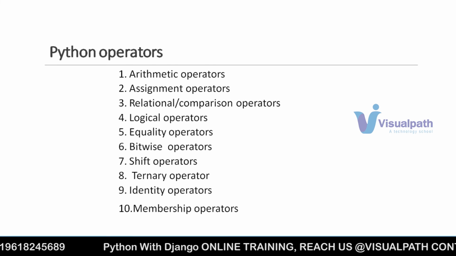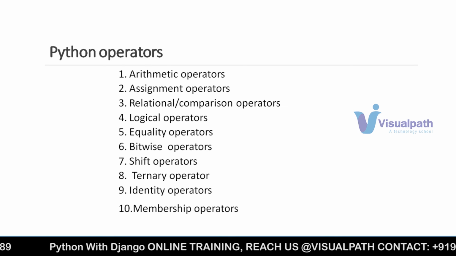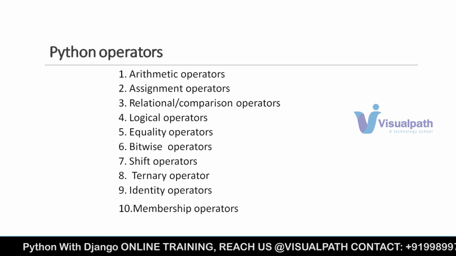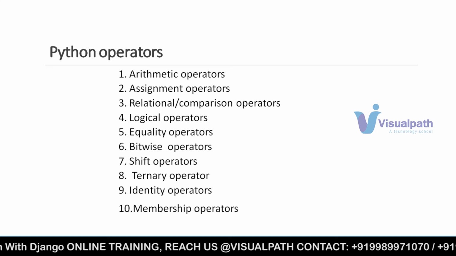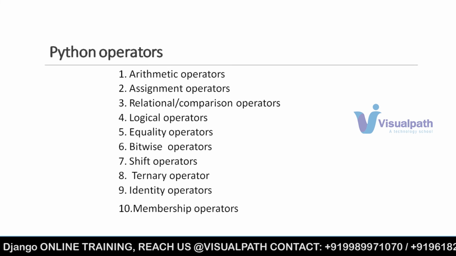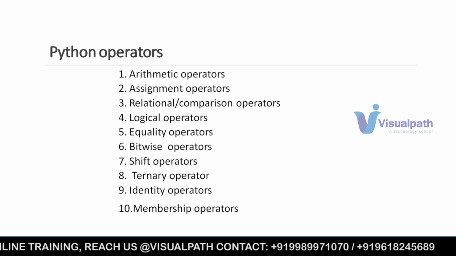Arithmetic, assignment, relational or comparison, logical operators, equality, bitwise, shift, ternary. Actually, there is no ternary operator in Python, but with the help of if else conditions, we get the advantage of the ternary operator.